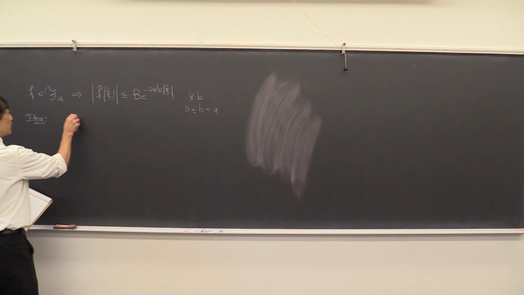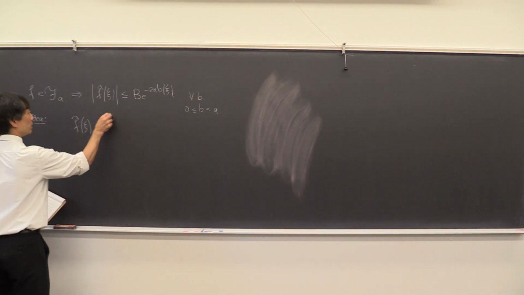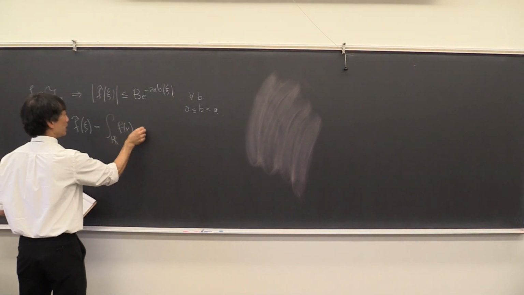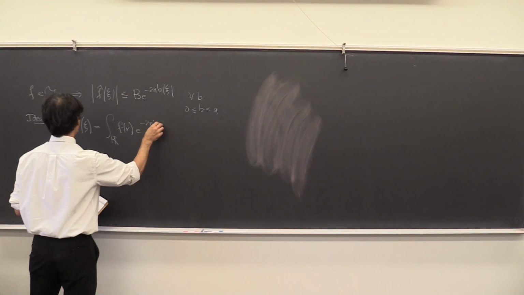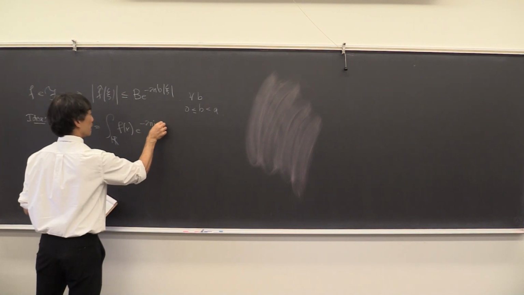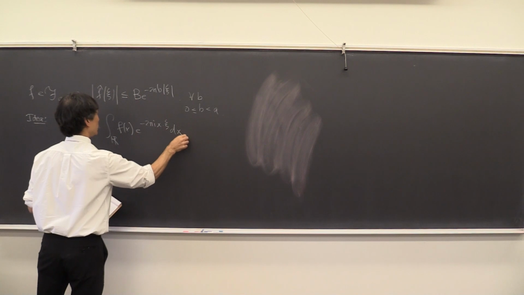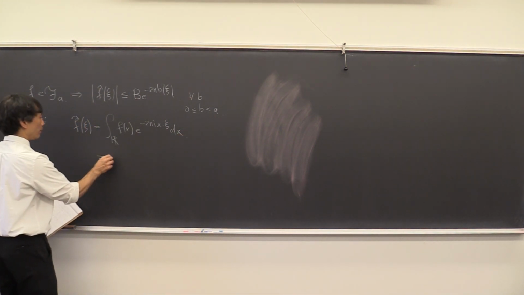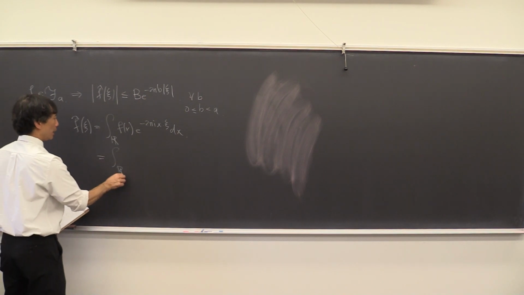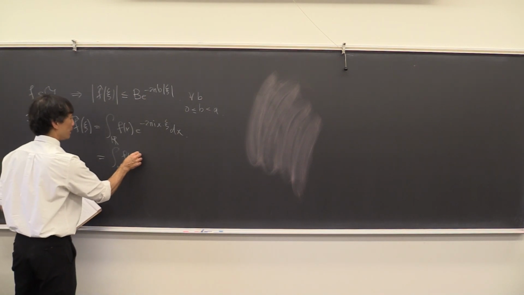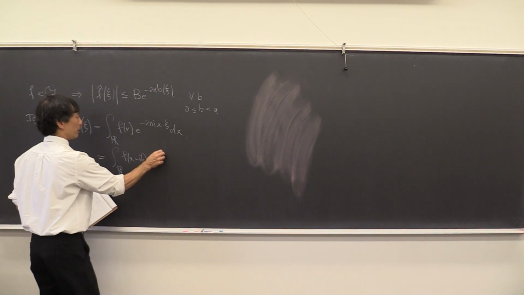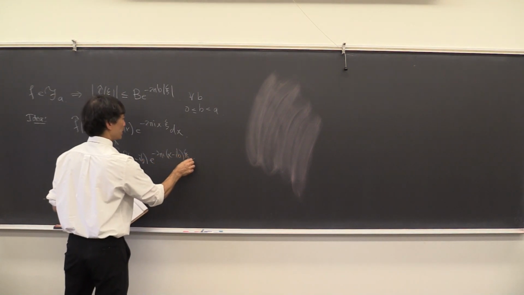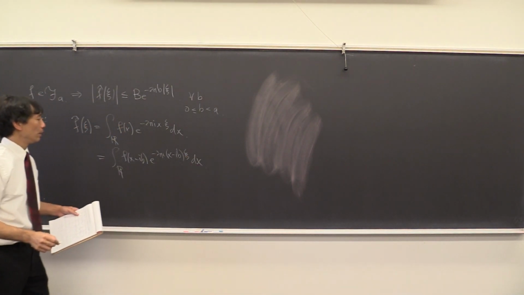Because the Fourier transform is the integral of f of x e to the negative 2 pi i x xi dx. And then when you shift it, you say, okay, well, this is going to be f of x minus ib e to the negative 2 pi i (x minus ib) xi dx.